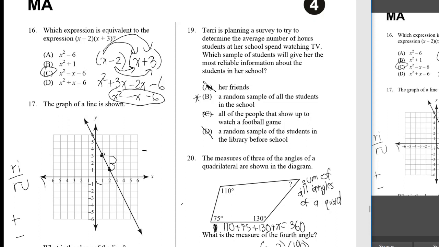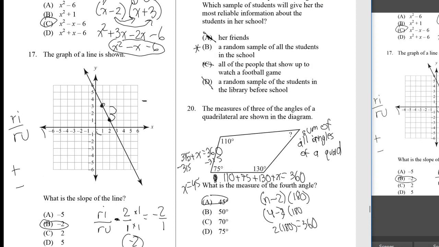Yeah, 315 plus x equals 360. Minus 315 from both sides, and I should get 45. X is equal to 45, and that is number 20, right? Just 45 degrees.